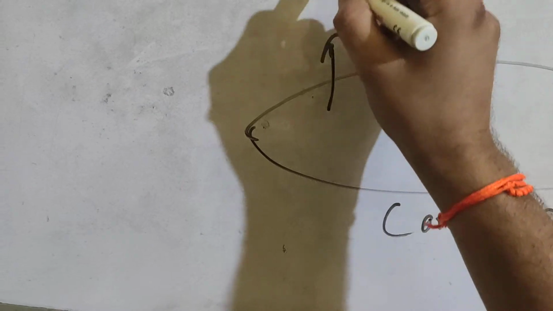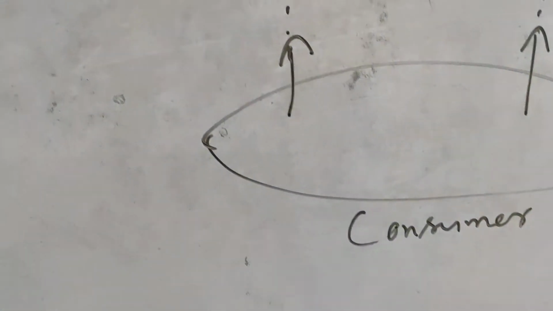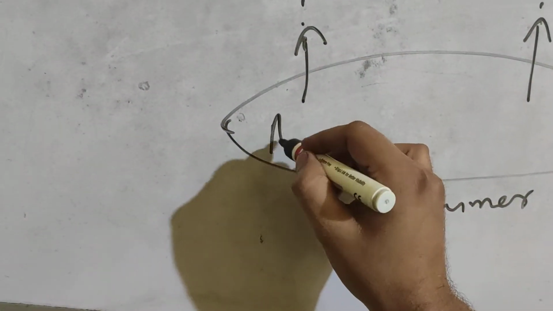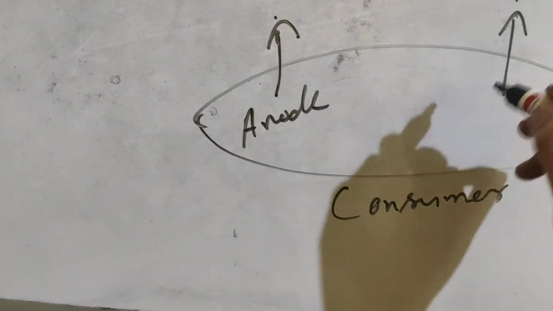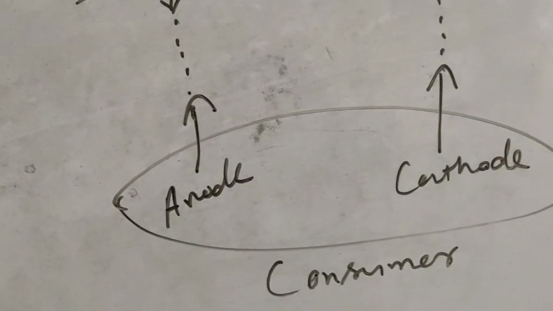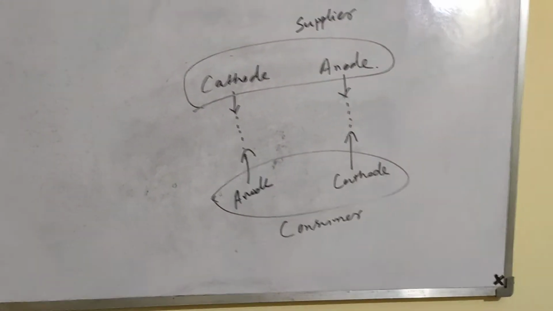This terminal would be connected with the cathode and this terminal would be connected with the anode. In that case, you will name them in reverse. That means the cathode is connected with an anode and the anode is connected with a cathode. That is very simple, and this rule would help you identify the cathode and anode of any circuit that you are given.